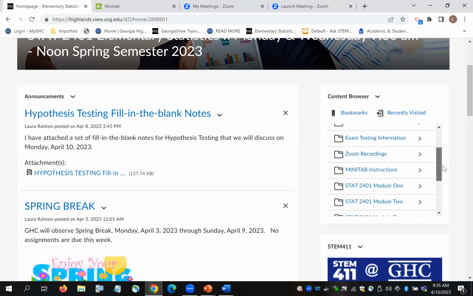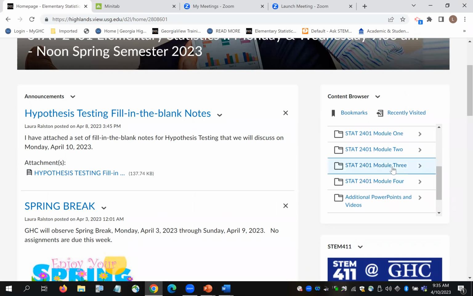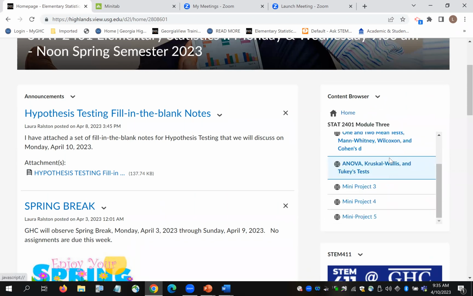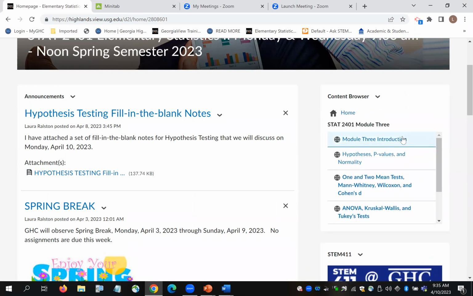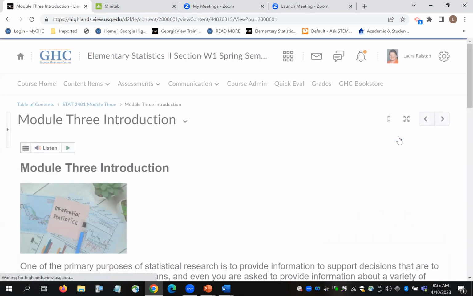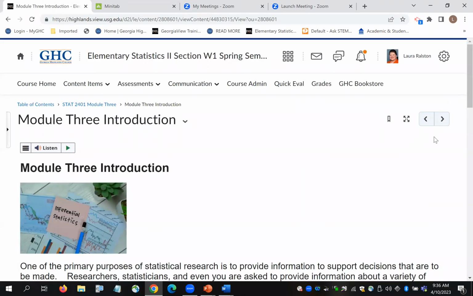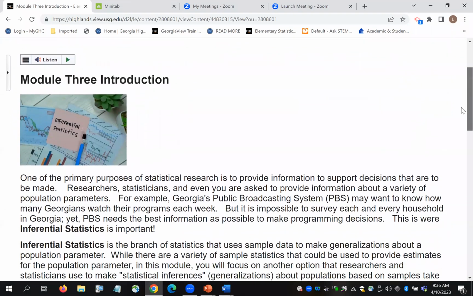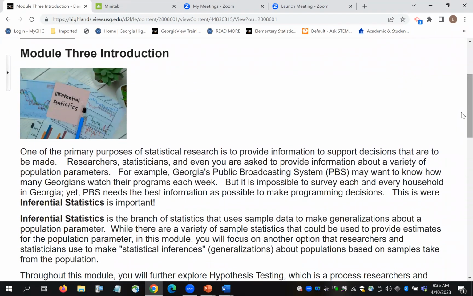I don't normally, but I do want to look at the introduction to Module 3, because we're going to begin to move from kind of learning how to describe the data set into more of making inferences.